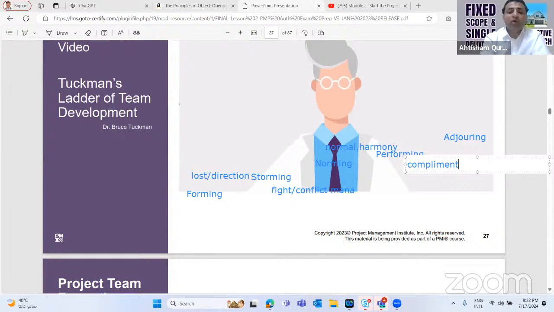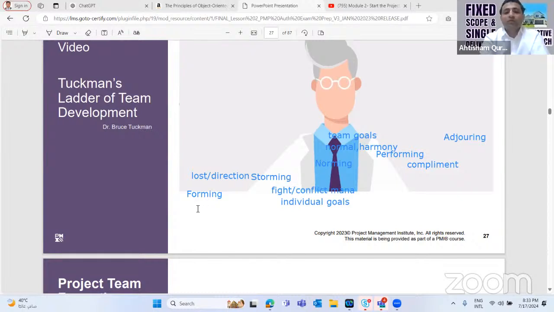It's the team goal which is important, not the individual goal. And actually, when the team normalizes, it reaches this stage where they no more talk about individual goals. They talk about team goals. But when there is a fight, there is a conflict, it's all about individual goals, not the team goals. So moving from individual to team goal means that you reach the norming stage.